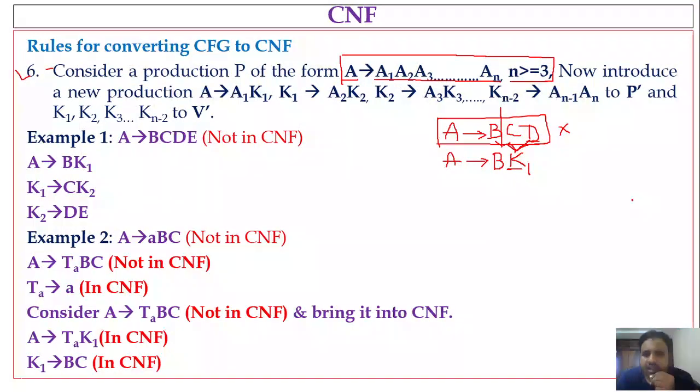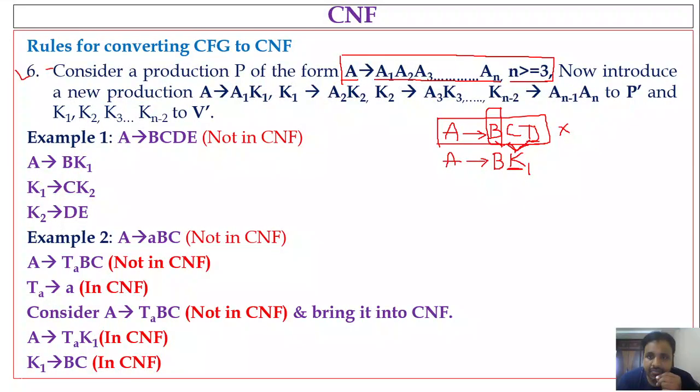Okay. So here the first variable you can write as it is. The remaining part, that means if you have any number of variables, those variables will be represented with a variable k1, right? Why? Because we are allowed only one variable. B is already fixed, so one variable is done. Afterwards only one variable is allowed, but in the given production we have CD.